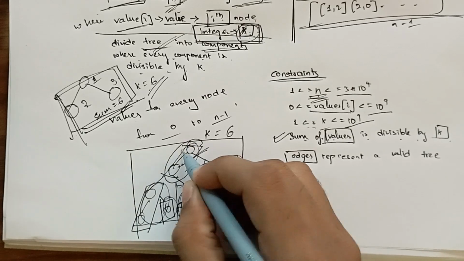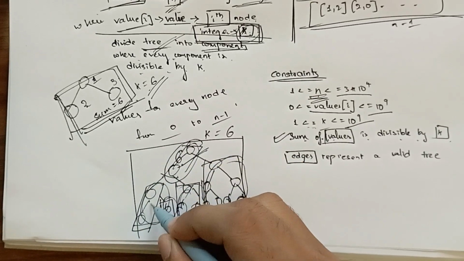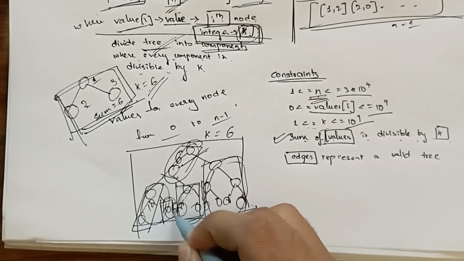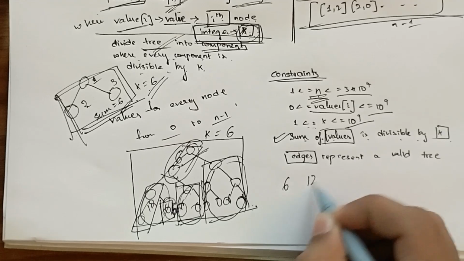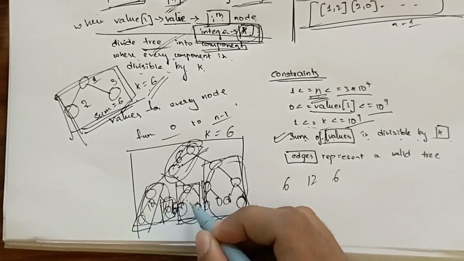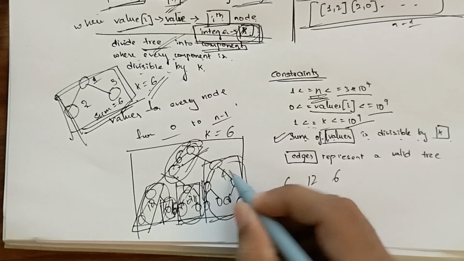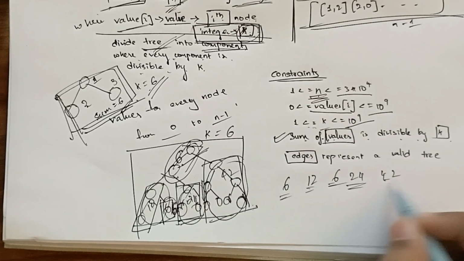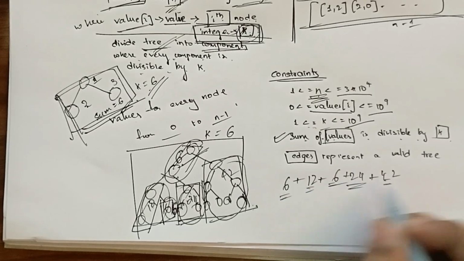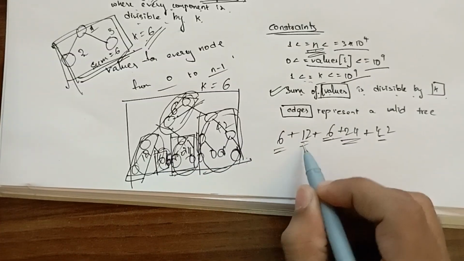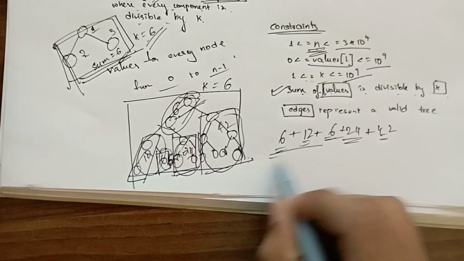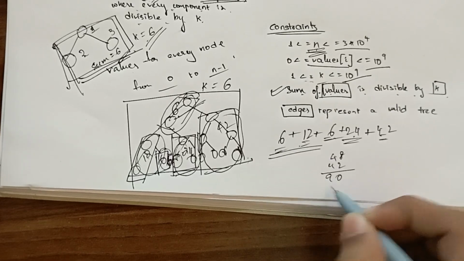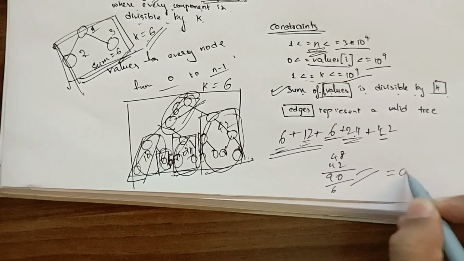Let us imagine the sums as 6 here, 12 here, only one node with 6 here, and 24 and 42 here. If you add all these elements, 6 plus 12 plus 6 is 24, plus 24 is 48, plus 42 is 90, which is also divisible by k.